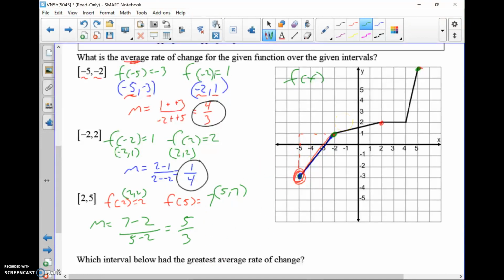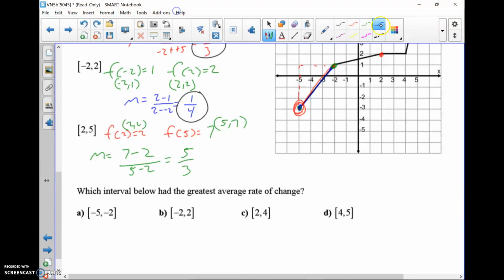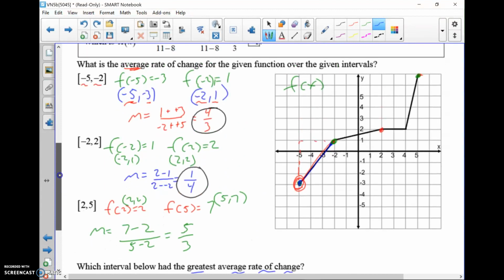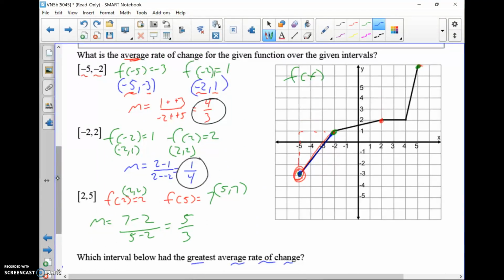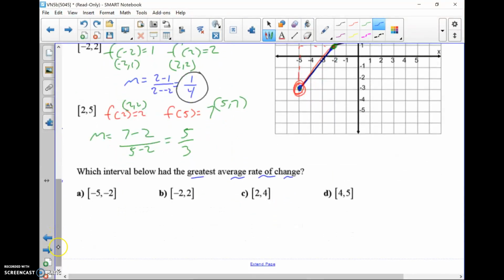All right. The last question I want to point out here is, and this is a common Regents question, which interval below has the greatest average rate of change? And remember, what we're talking about, average rate of change, is kind of the slope. So we're looking for the greatest slope, which is basically saying which of these has the steepest slope. So I could find the slope over each of these intervals.